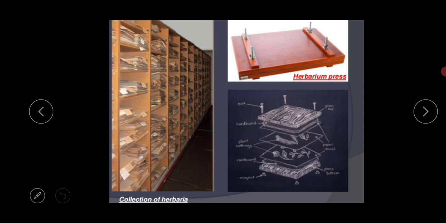So you should know one thing, that the largest herbarium of the world is at the Royal Botanical Garden at Kew. Okay, 6.5 million specimens are there, and Museum of Natural History in Paris, 6 million specimens are there. In India, the largest herbarium is at Botanical Garden, Kolkata.